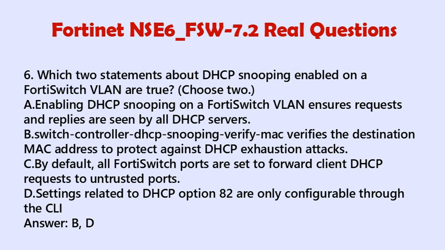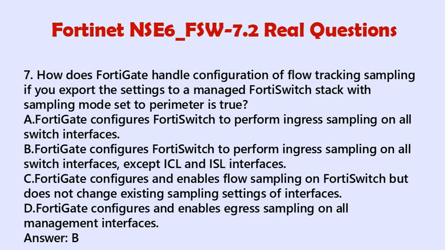C. By default, all FortiSwitch ports are set to forward client DHCP requests to untrusted ports. D. Settings related to DHCP option 82 are only configurable through the CLI. Answer: B, D.